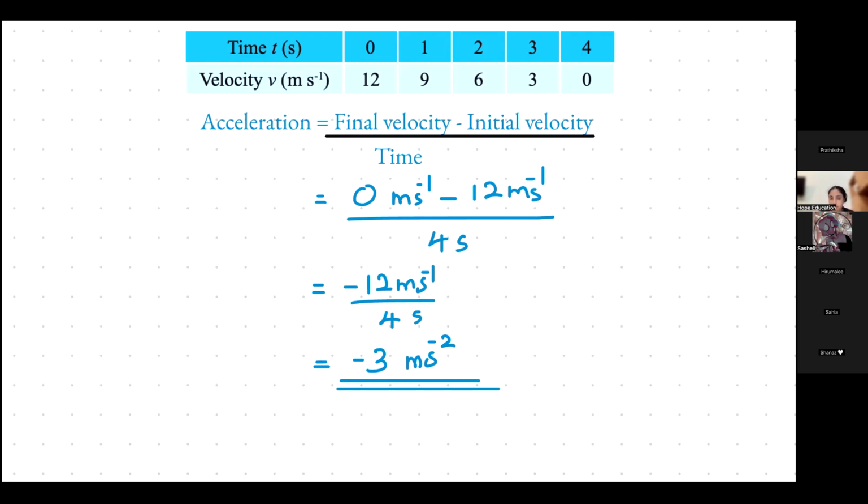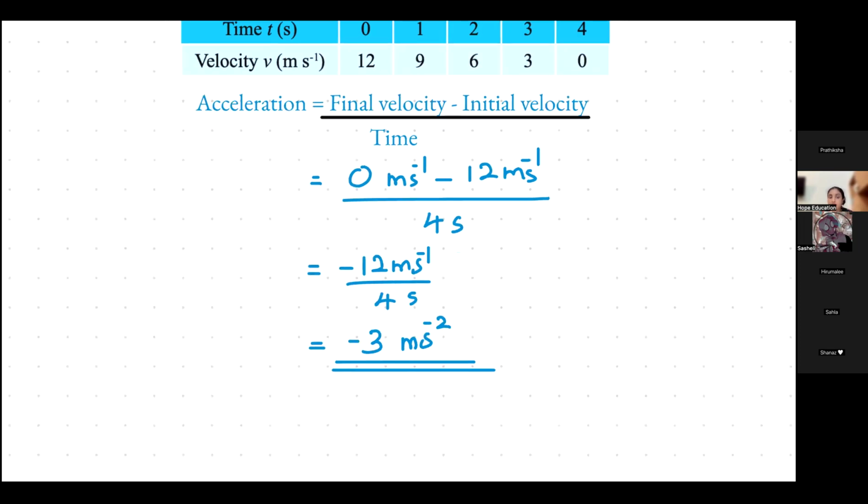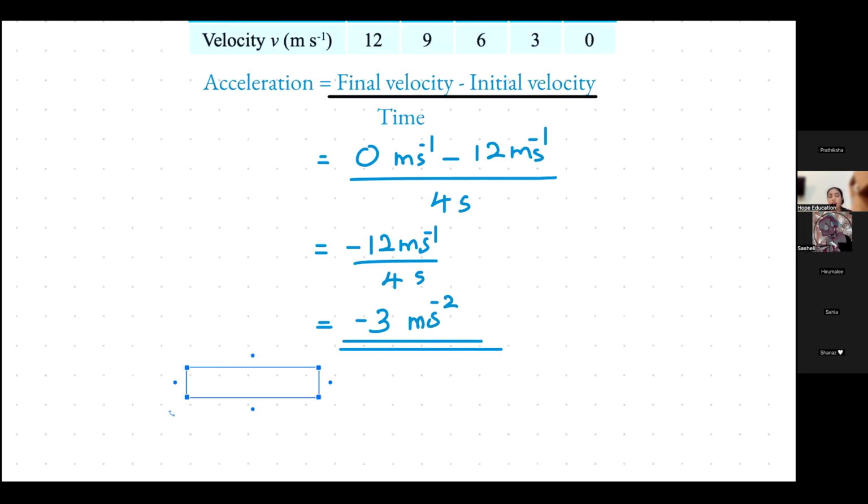There's a minus. Here, what does this minus mean in acceleration? It means that this is actually a deceleration. Now, here the acceleration value is a negative value. Whenever we have negative acceleration, we call it deceleration. What does that mean?